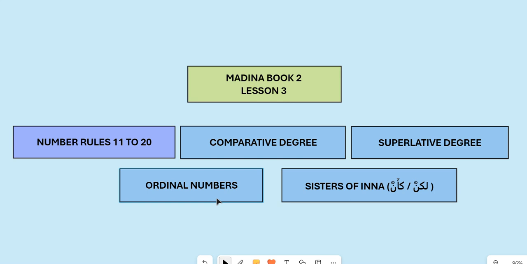In Arabic, what you call ordinal numbers in Arabic, that is al-uqud. And then last of all is sister of Inna. So in this lesson, there are only two sisters mentioned, but I'm going to talk about all the sisters, inshallah.